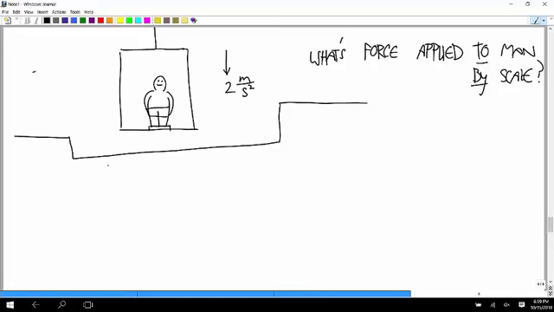All right, well, we're going to use Newton's second law. So F net vector is equal to the mass of the man times the acceleration of the man.